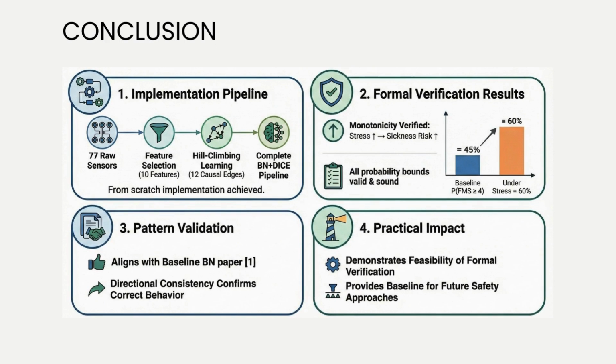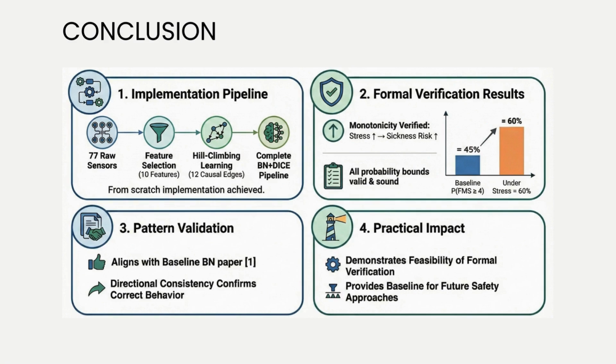To conclude, I implemented the complete Bayesian network and Dice pipeline from scratch using structure learning, feature selection, and formal verification. The trained model discovered 12 causal relationships and formally verified monotonicity, probability bounds, and causal structure.